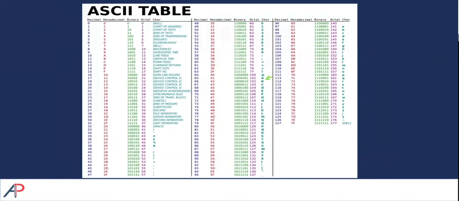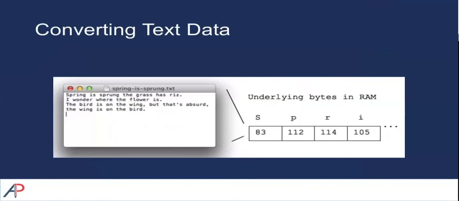So what we do normally is we convert it into hexadecimal or octal, so the numbers are smaller and it allows for a little bit more interpretation. So we're able to interpret octal and hexadecimal much more easily than binary numbers. So text data is normally stored in binary numbers, which can easily be converted into hexadecimal or octal.